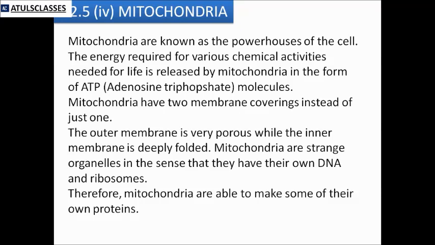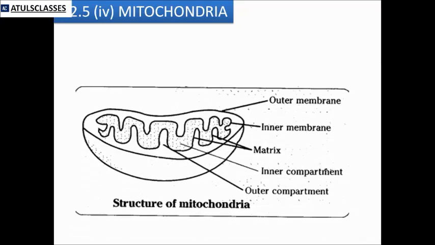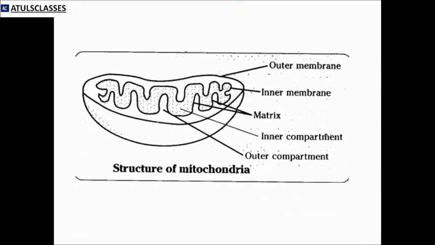Mitochondria are strange organelles in the sense that they have their own DNA and ribosomes, which means they can make their own proteins. They don't depend on the nucleus for their division. You can see the folded inner membrane and the outer membrane, the inner matrix, and an intermembranous space between them.